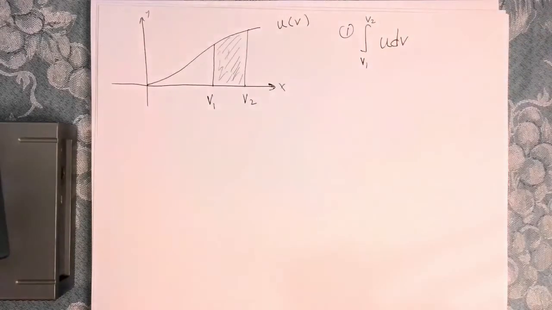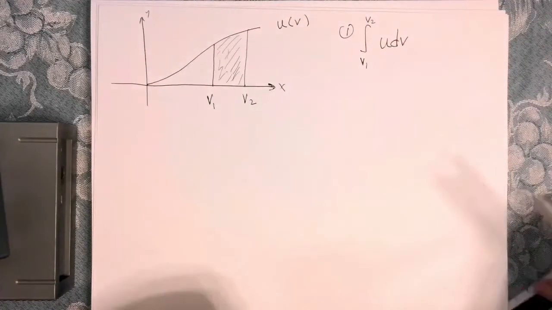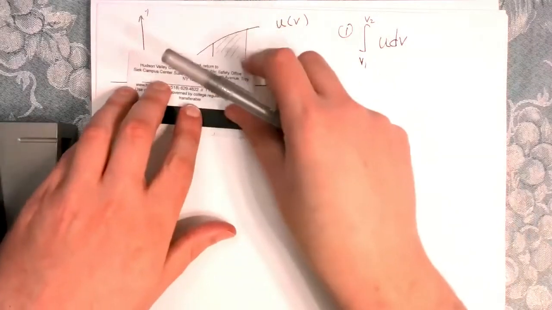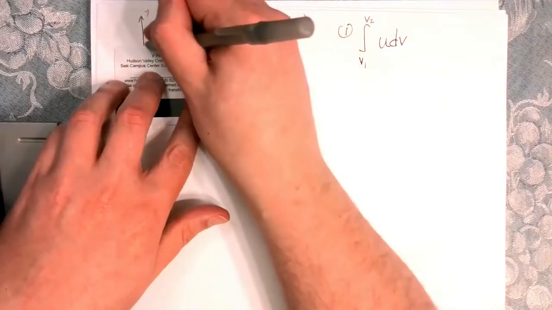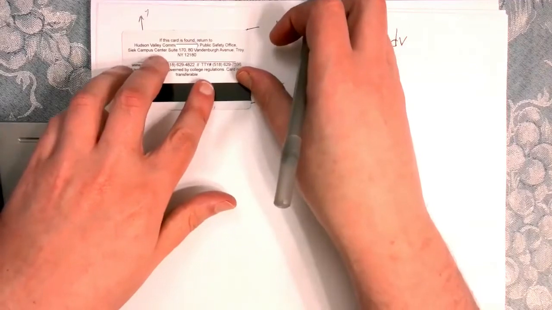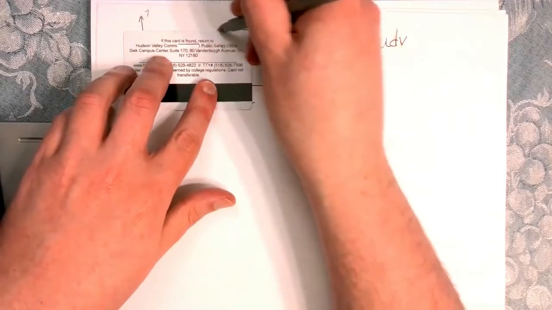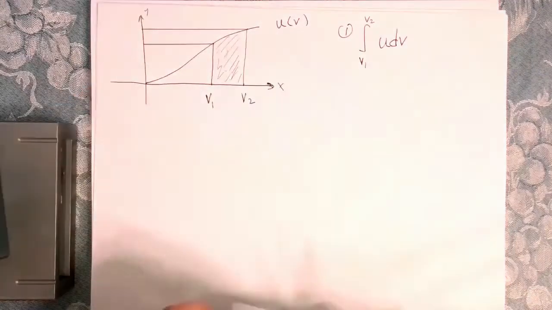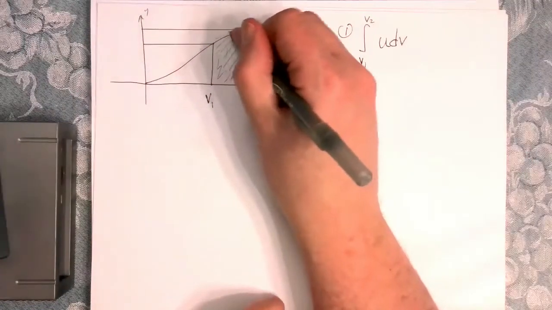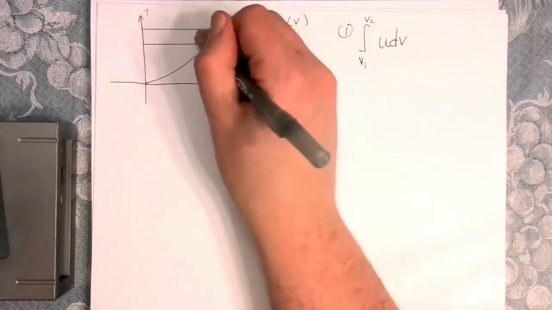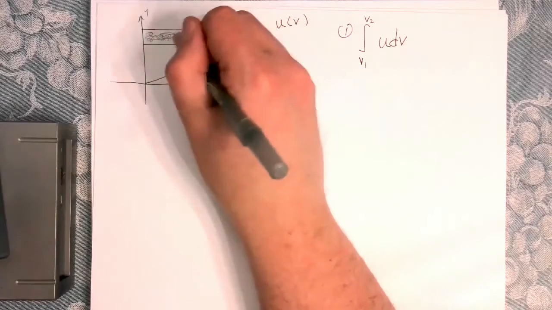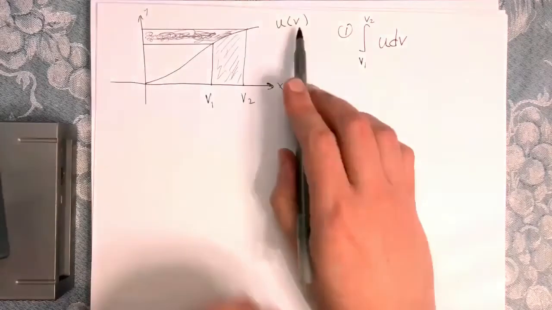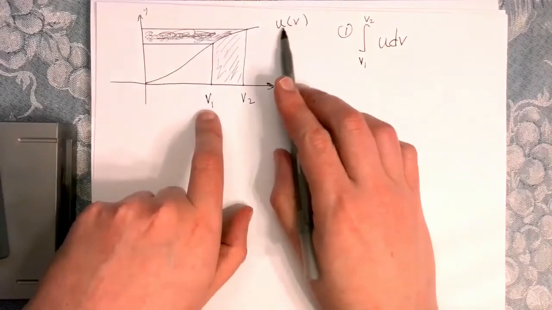And what I want to do now is I want to consider a second area. What I want to do is go from the curve to the y-axis here. So from here to here. And then I also want to go from there to there. So this will give me a second area that I want to consider. So let's consider this block right here. Okay, so my inputs are v's and my outputs are u's.